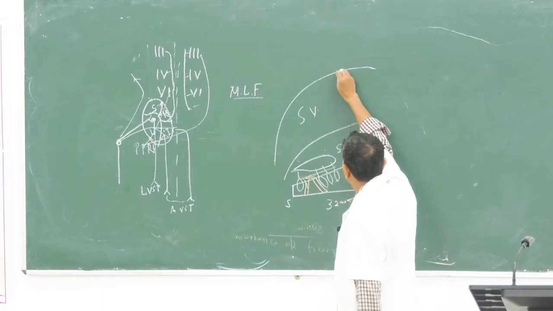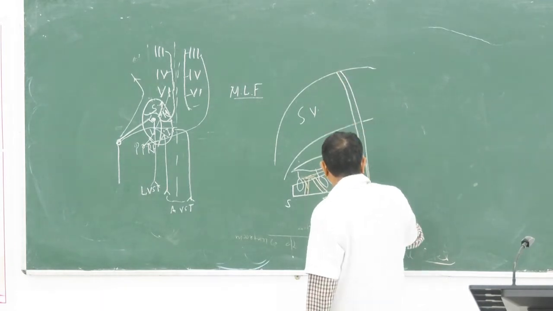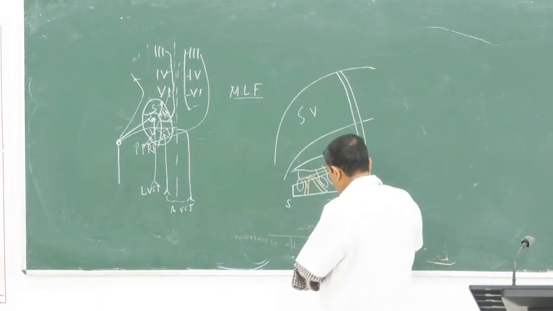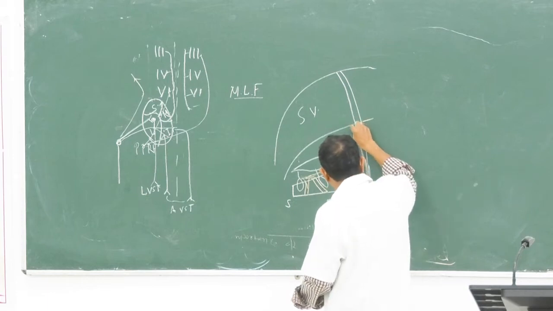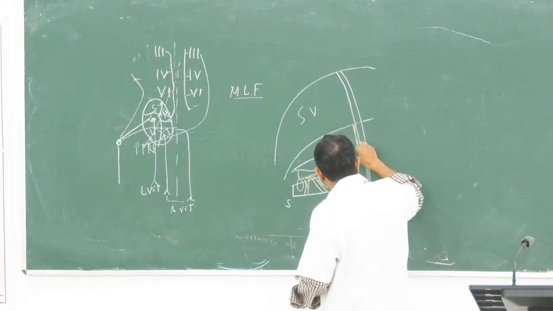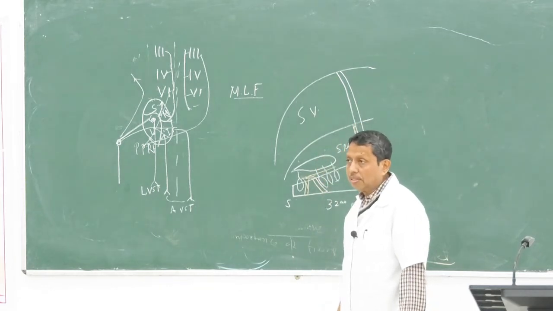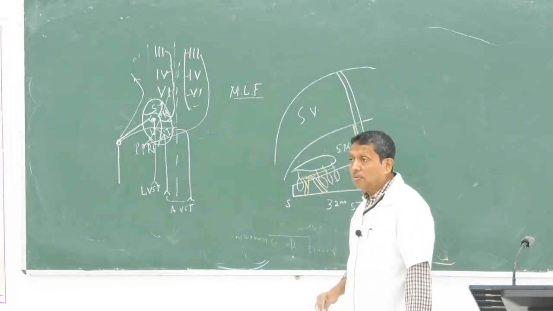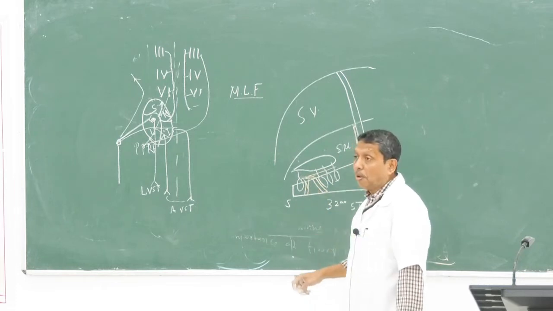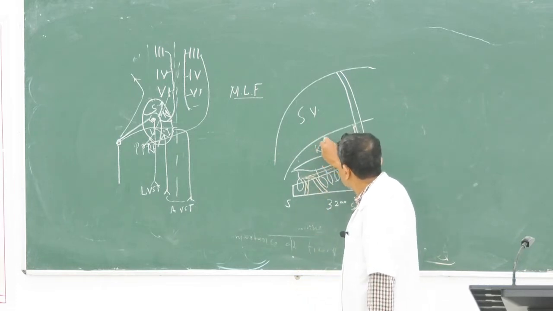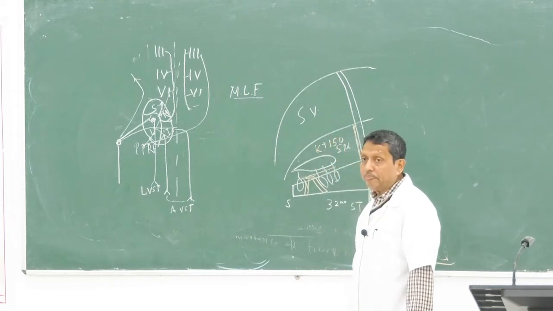Outside is the spiral ligament, and inside is the stria vascularis, which secretes the endolymph. It is potassium rich, with a potassium concentration of 150 millimole per liter.